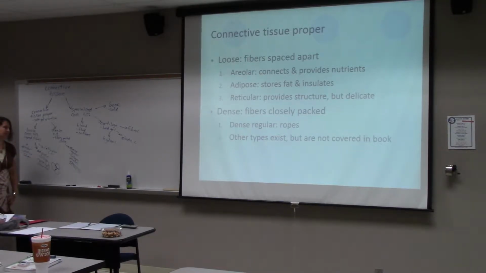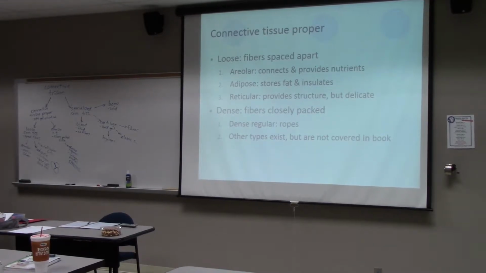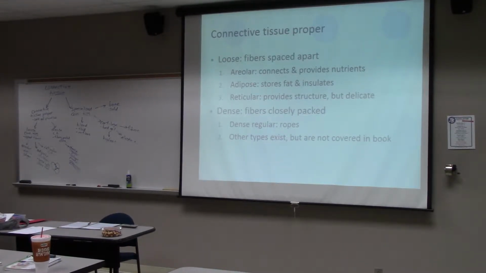Dense regular often forms ropes. It's like collagen is a microscopic rope. Dense regular puts a bunch together to make a larger rope, like a tendon. There are some other types of dense connective tissue, but the book doesn't cover them here. We'll look at one variety in chapter 6 that's found in the skin.